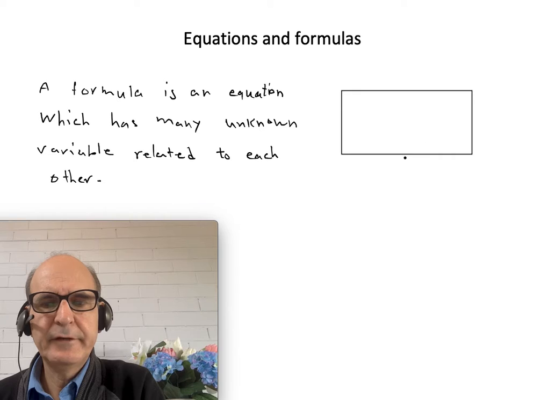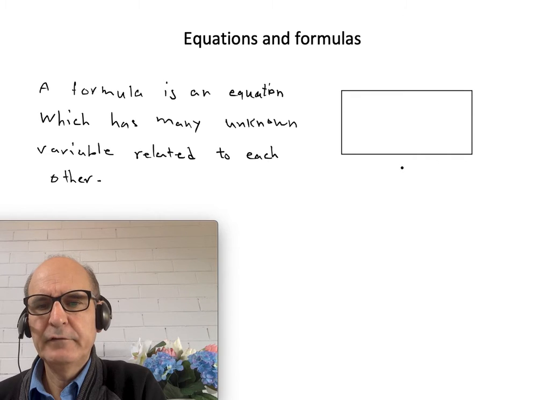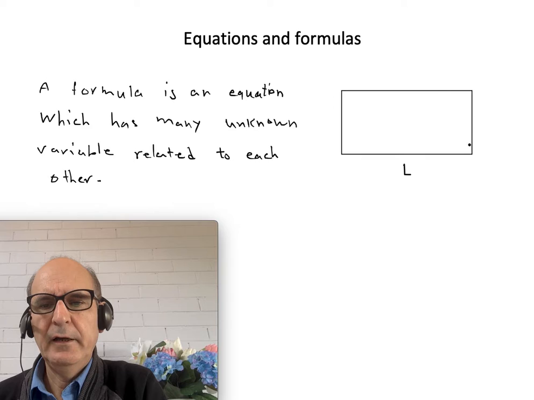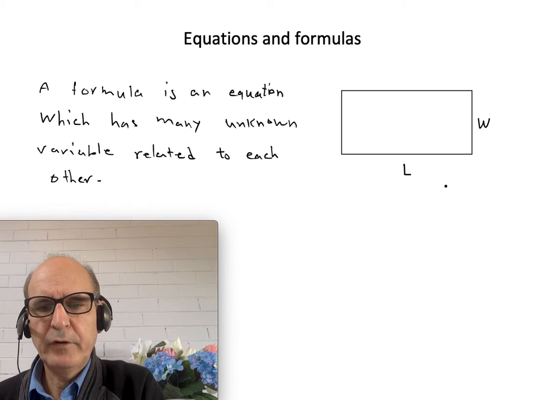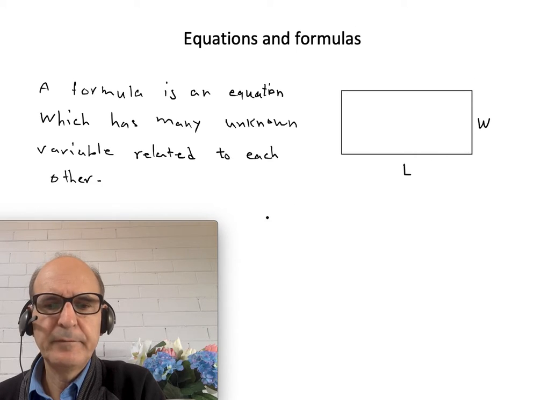For instance, if you look at a rectangle, if this is the length and this is the width, we know that the area of this rectangle is equal to length times width.